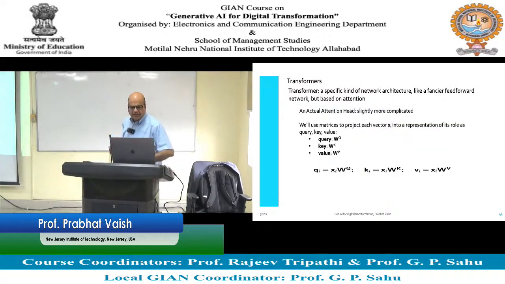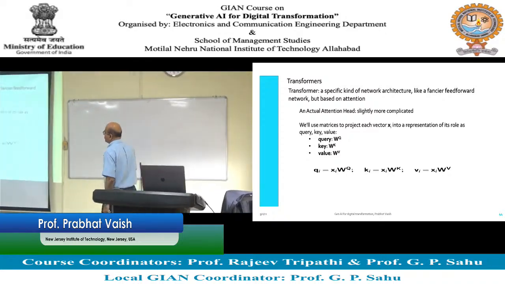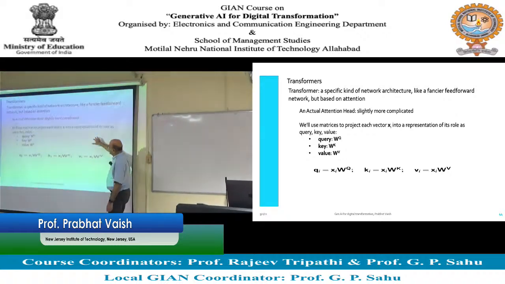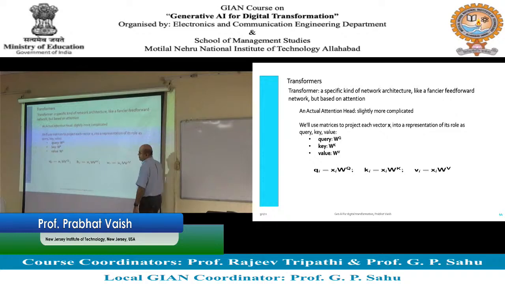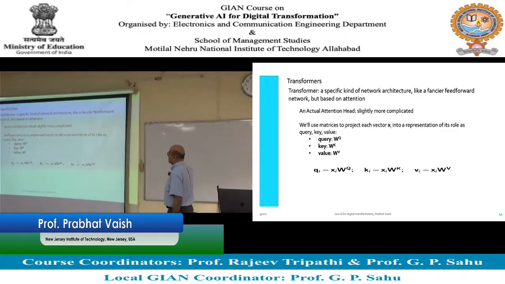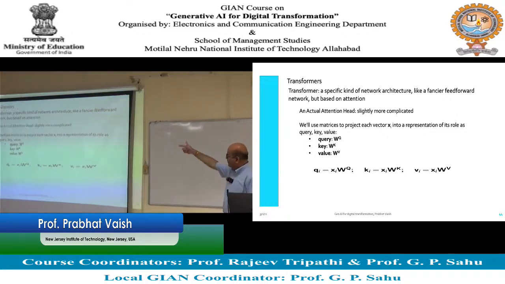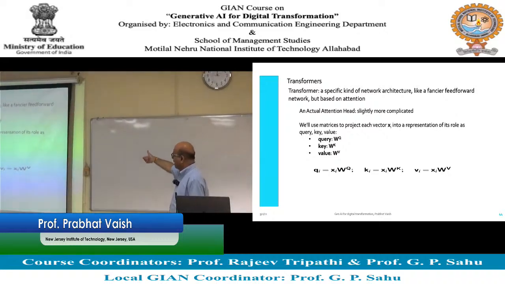Okay. This is just a quick recap. The next few slides, a quick recap of what we already did. This time, it's just showing it in a vector representation. So W is a matrix, one for query, one for key, and one for value, which is an output.